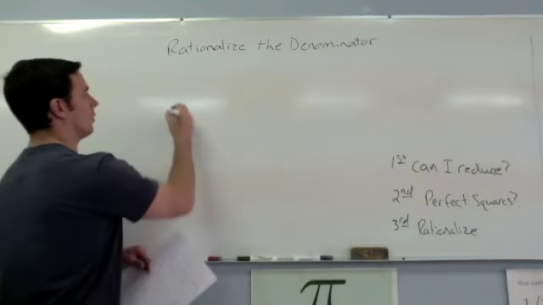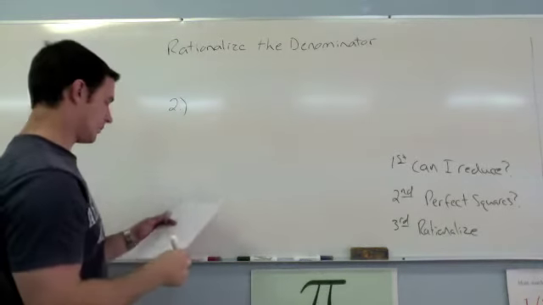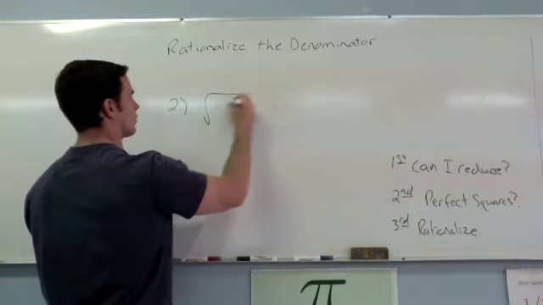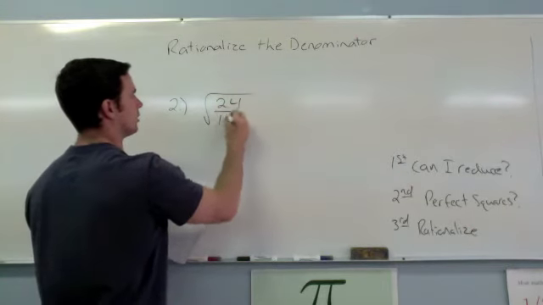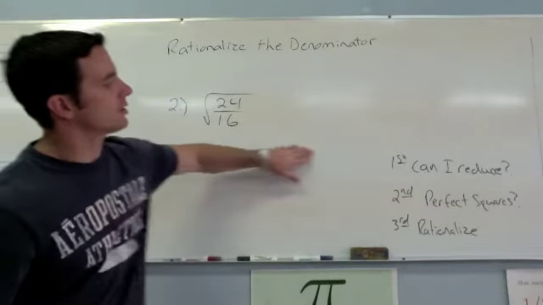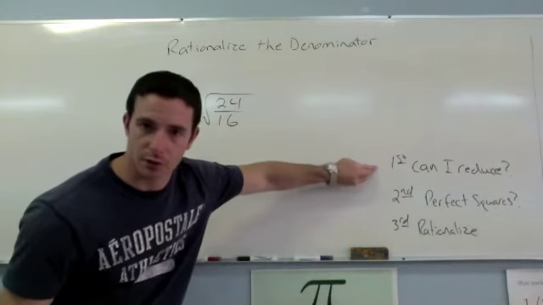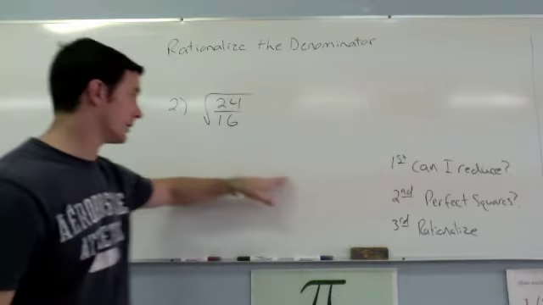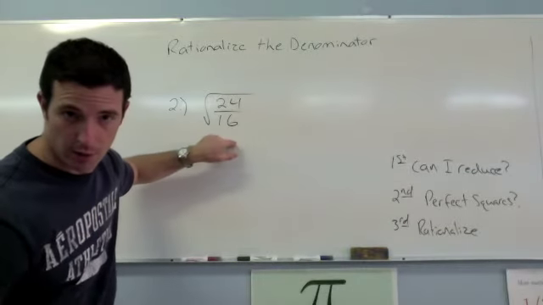Number 2. For number 2, we have square root of 24 over 16. So again, start with your steps. Reduce first. I understand that the 16 is a perfect square.